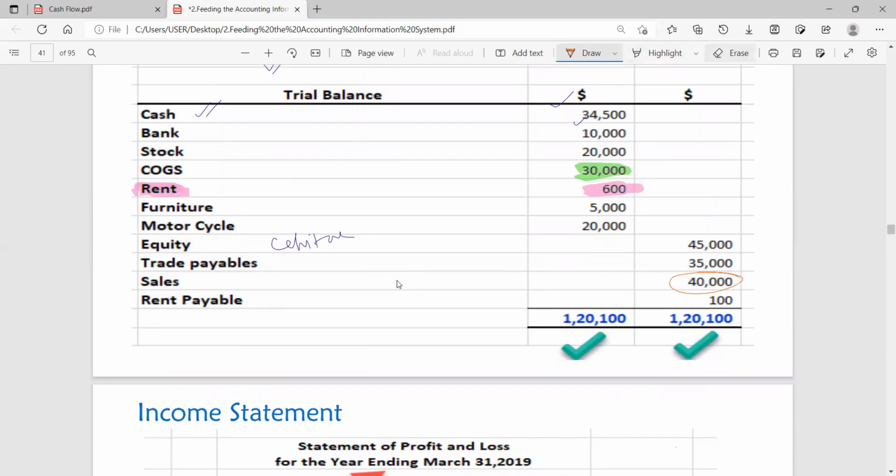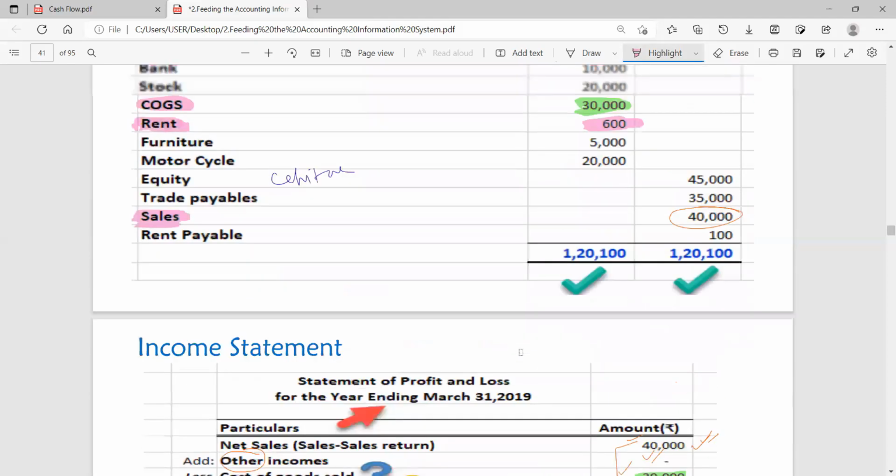If you see the trial balance, while preparing the income statement, we have taken care of cost of goods sold, rent, and sales. These are the three things taken care of. The rest are either assets or liability or capital. Basically, liability, capital, and income are on the other side.